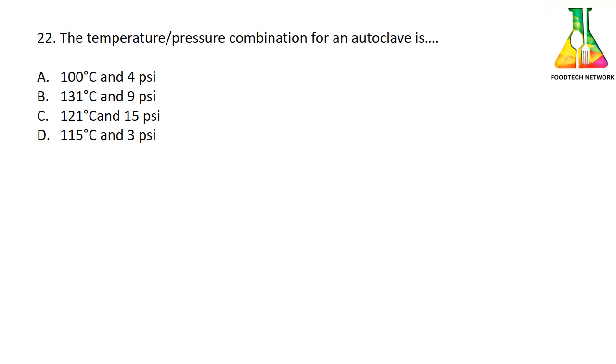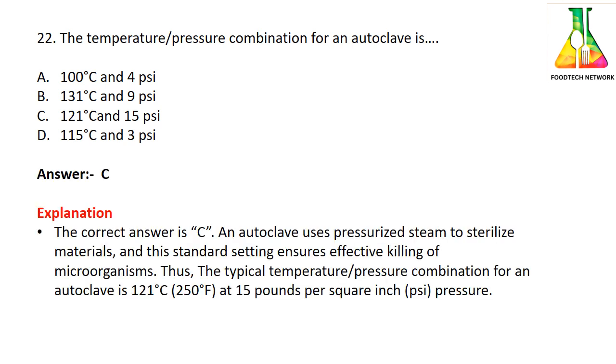22. The temperature pressure combination for an autoclave is option A, 100 degrees Celsius for 4 psi, option B, 131 degrees Celsius and 9 psi, option C, 121 degrees Celsius and 15 psi, option D, 115 degrees Celsius and 3 psi. So the right answer is C, that is 121 degrees Celsius and 15 psi.